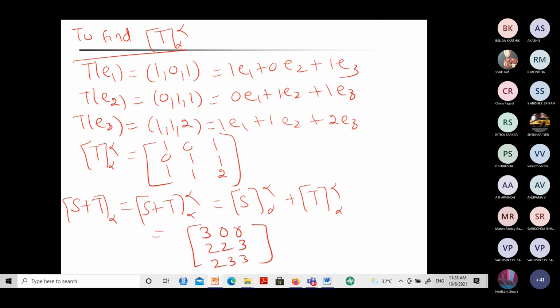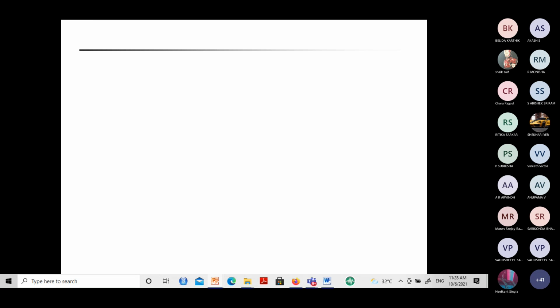2T minus S alpha. How to find this? This is 2 times T alpha to alpha minus S alpha to alpha.